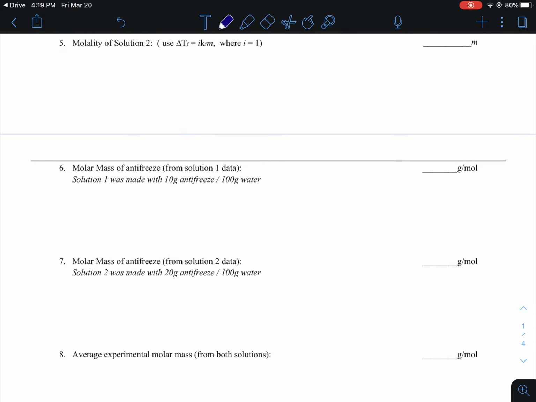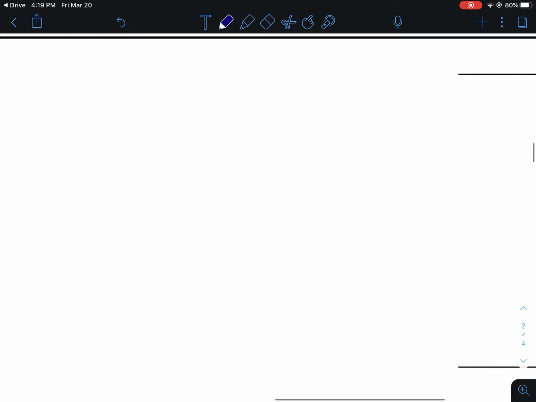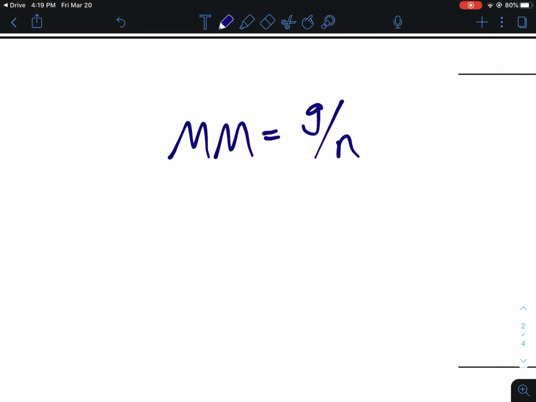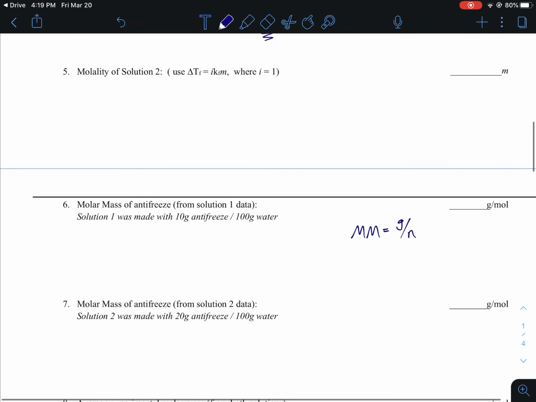Now, getting molar mass from the solution data, it's a little trickier. We've actually done a few examples of finding molar mass from molality, or finding molar mass from freezing point, in class. But remember, just basic steps: you know that molar mass is grams per mole, right?